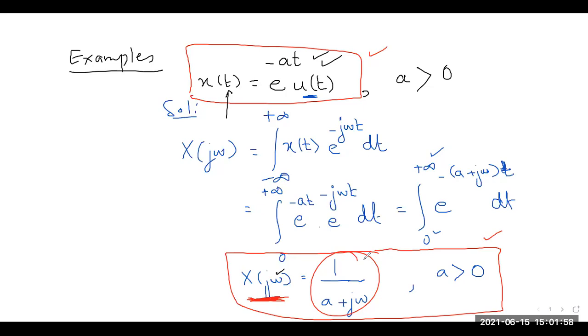Let's consider some more examples. Example number 2. X of t is equal to e power minus a and then absolute value of t.